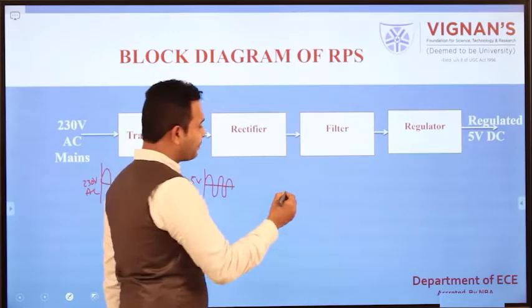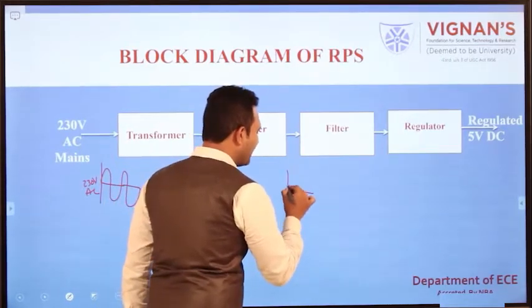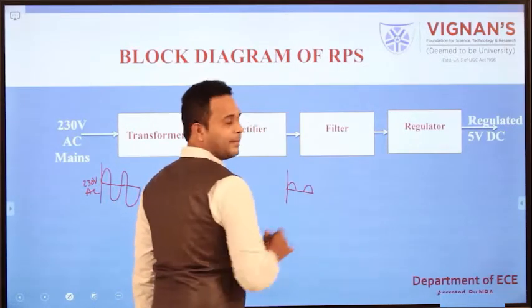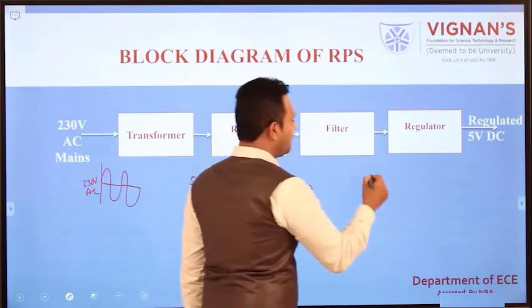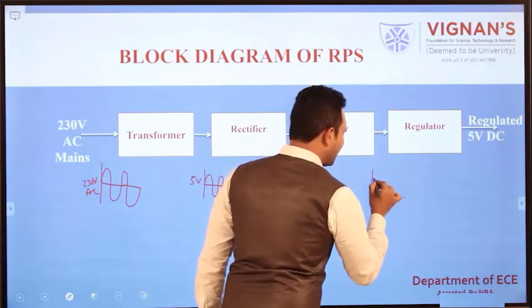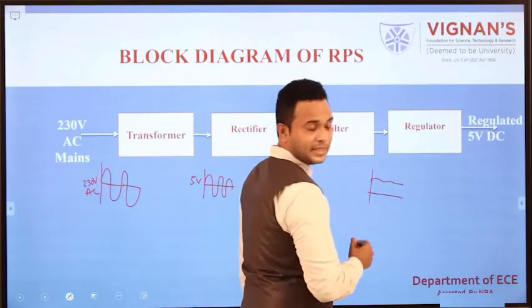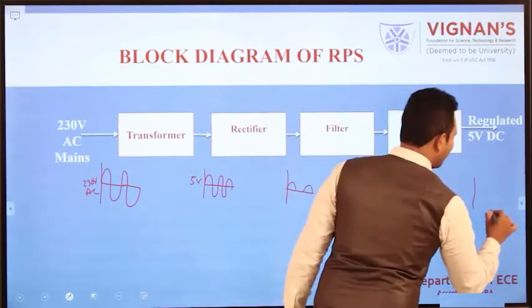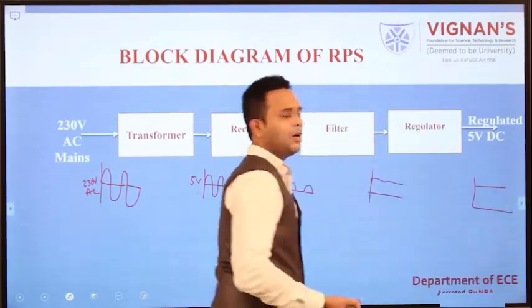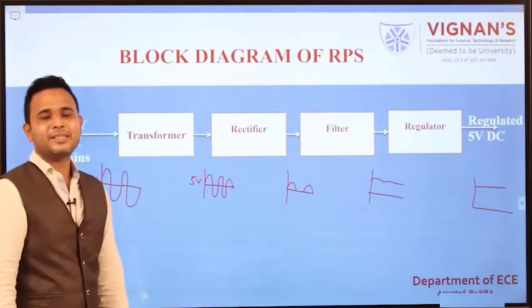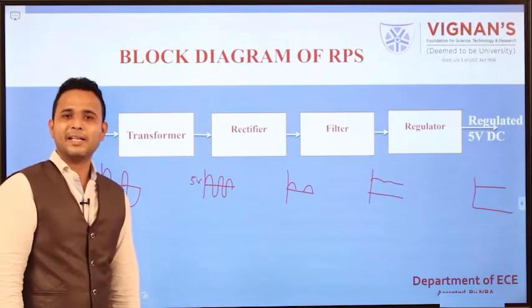The rectifier output is only pulsating DC. At the output of the filter, we are getting the pulsating DC as some pure DC. The regulator will provide a constant amount of voltage. This is the basic block diagram of the regulated power supply.